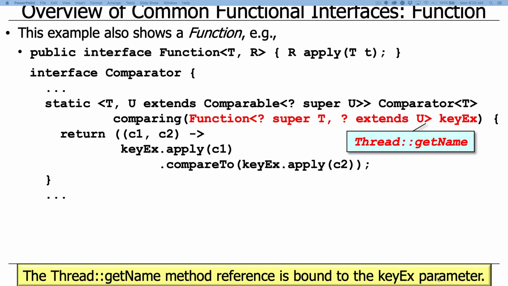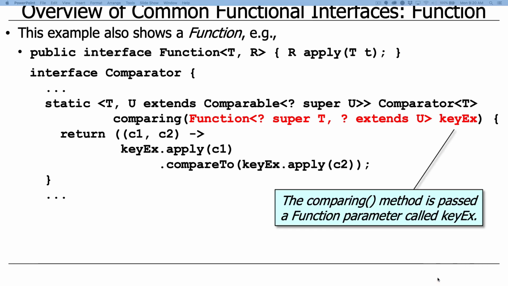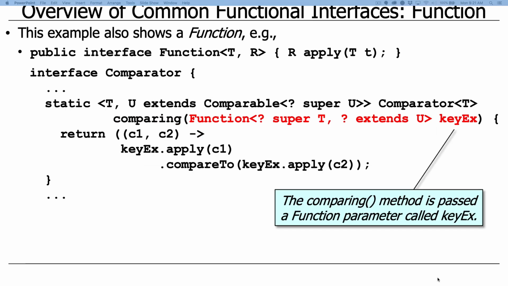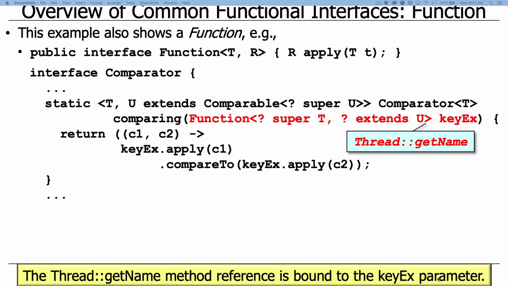And you can see that that gets mapped to Thread::getName. That's what we actually pass in. Back here, we're passing in this method reference, which is a function, to comparing. And that's what gets bound to the keyExtractor parameter.